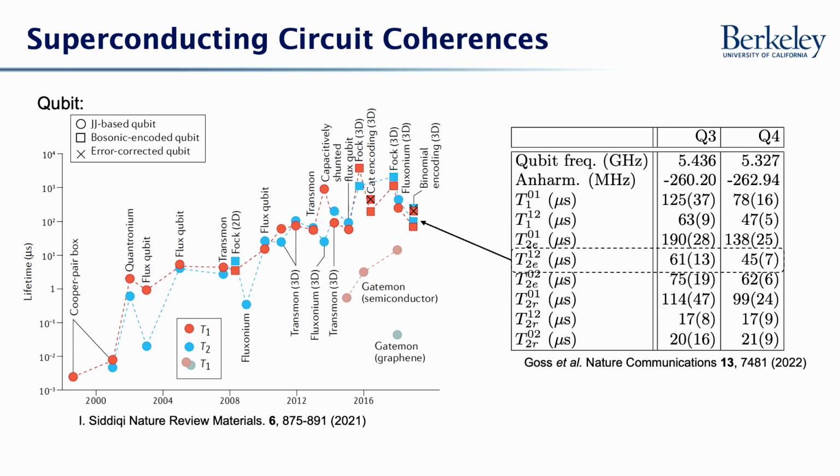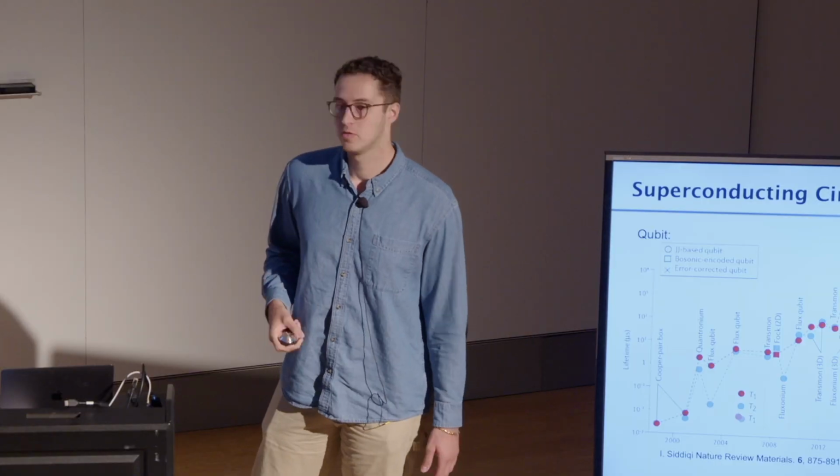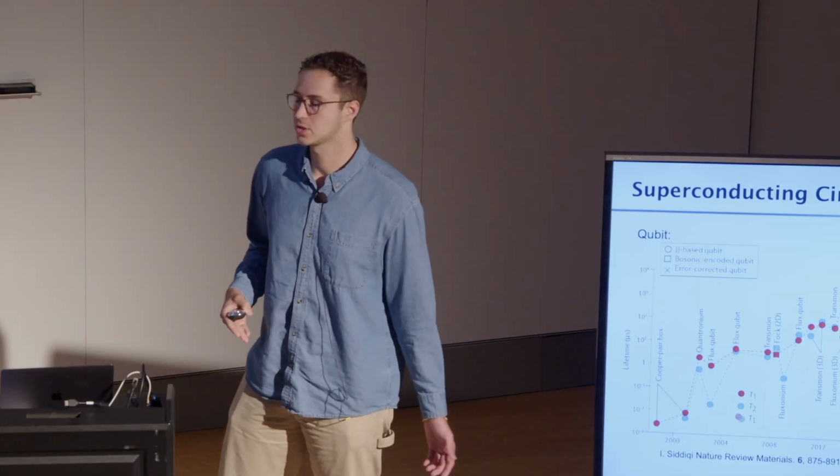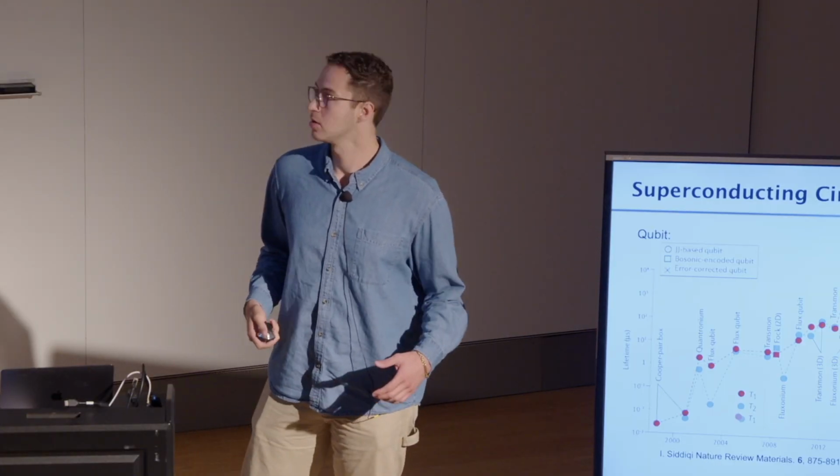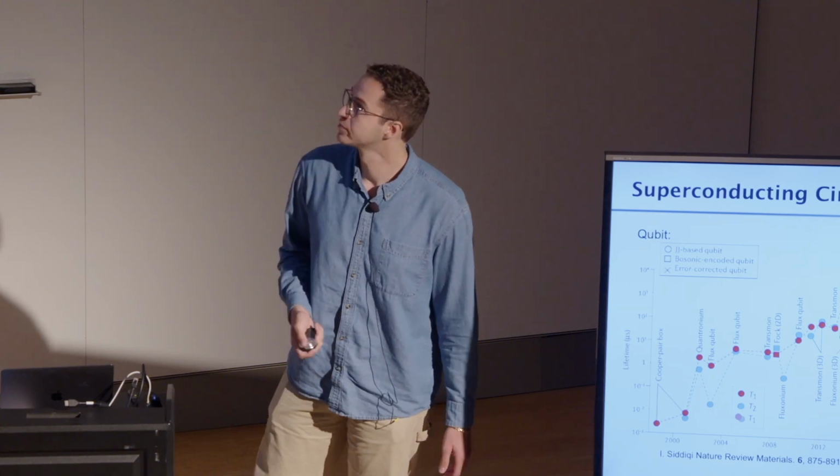And then part of the story for us at Berkeley has been noticing that as these coherences have steadily increased, the coherence of the higher levels has also come along. So this is from a recent paper from our group, where you can see the characteristic single photon lifetimes in the 1-2 subspace of our qutrit. So the higher level subspace has already reached lifetimes that were state of the art for qubits only a few years ago, which really leads us to think that these are computational resources that are worth exploring.